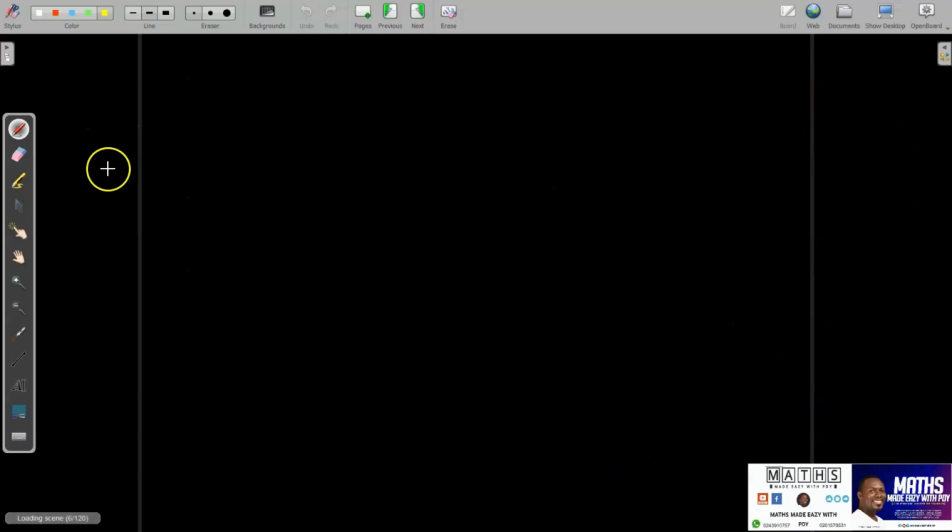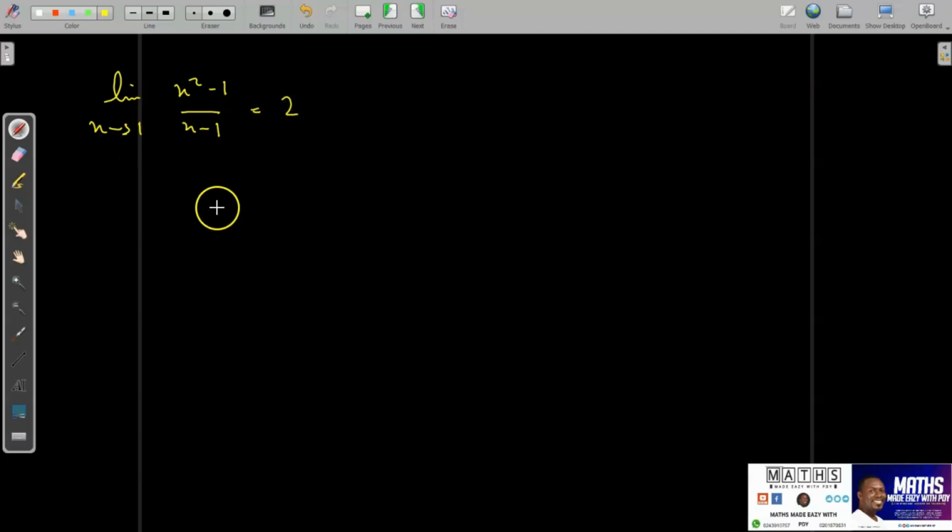So this is what it means. The limit of x squared minus 1 over x minus 1 as x approaches 1. Now we've seen that the actual answer is 2. But why is it 2? When you substitute the actual value of 1 in here, the whole function becomes undefined.